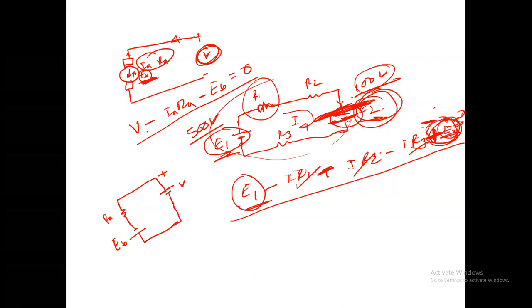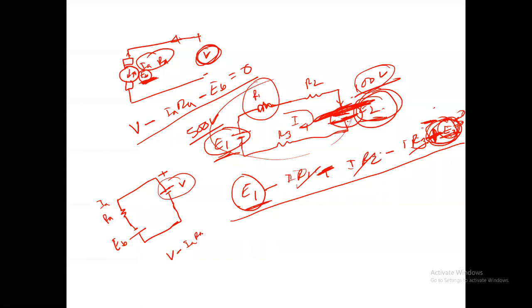This total current is same, IARA, or I, since it is in series, so current is same. Suppose this is I. So in this circuit, if V is the source, this is the positive V, then all the load is minus IARA, and this is the current flow.